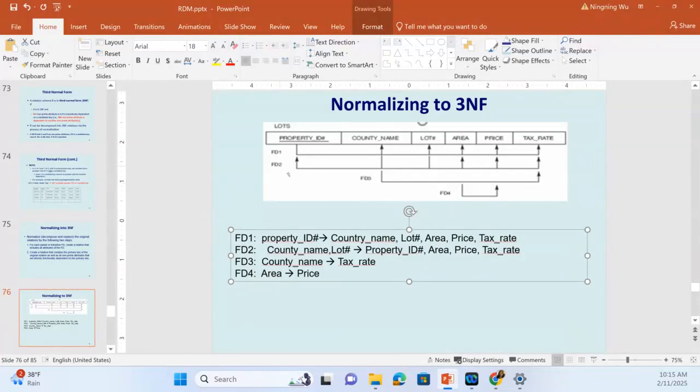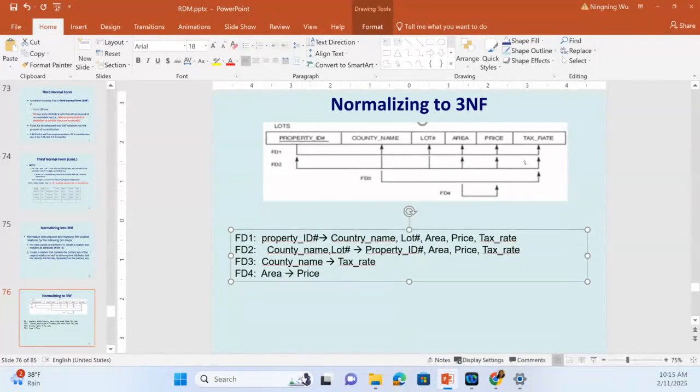Similarly for FD2, county name and lot number are both pointed by the bar, not the arrows. Then property ID, area, price, and tax rate are all pointed by the arrows. So these two attributes pointed by the bar should be put on the left as the determinant: county name, lot number.